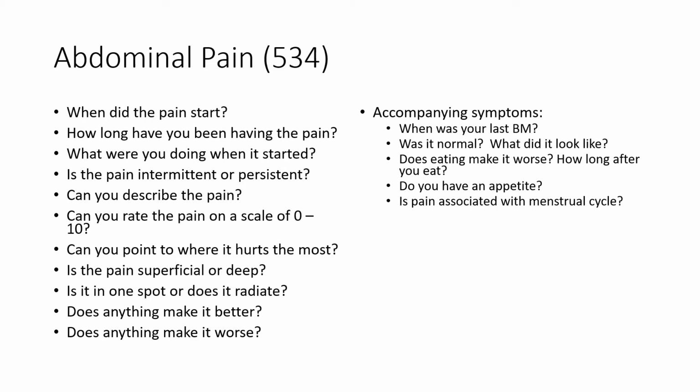So let's talk about how we would explore a chief complaint of abdominal pain. This is on page 534 in your textbook. Remember when we talked about pain back in the first week of class, we talked about a visceral kind of pain.